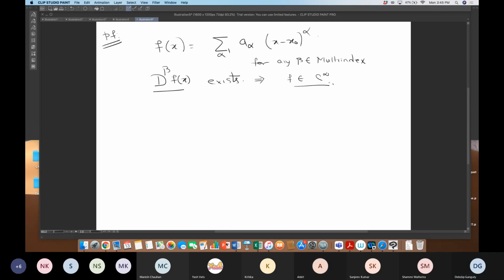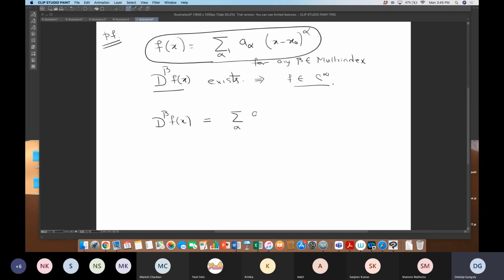Yes sir. Okay. Now, what does it mean d beta of f(x) exists? It means this series, if you just formally differentiate the series, d beta of f, just formally, I am not doing the exact way. When could I write this series summation alpha d beta x minus x naught? When is this equal to this? Tell me.